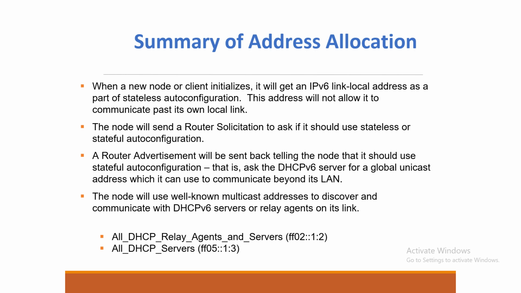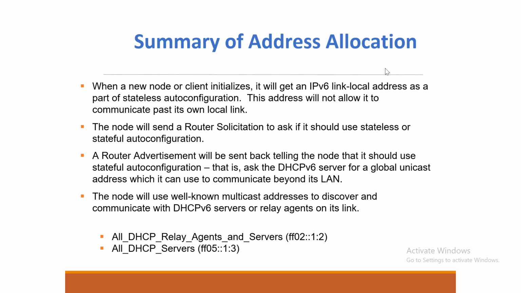Probably not. And so that's when we use multicast addresses. There are two well-known multicast addresses that you can use. You can say, okay, all DHCP relay agents and servers. And so let's break this multicast address down a bit.